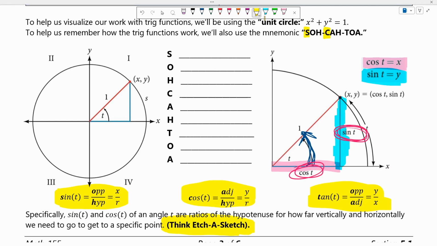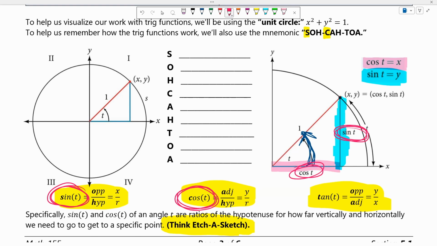It was a blank screen, and it had two little knobs, and these two little knobs controlled a little dot on a screen, and that dot either went up or down or left or right. One of the knobs took care of the up and down. The other knob took care of the left and right. Cosine is essentially the left and right knob because that's the horizontal. Sine was the up and down knob that took care of the vertical.